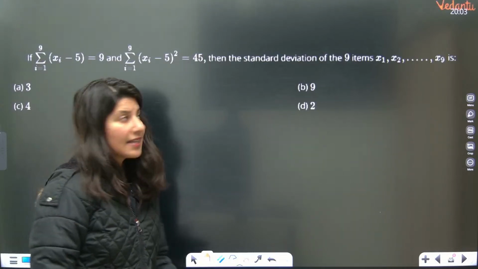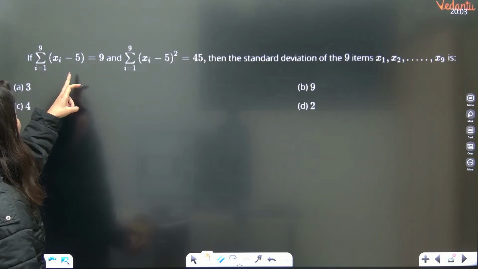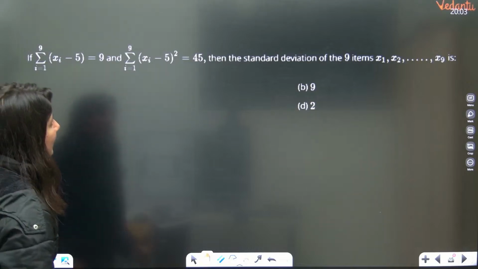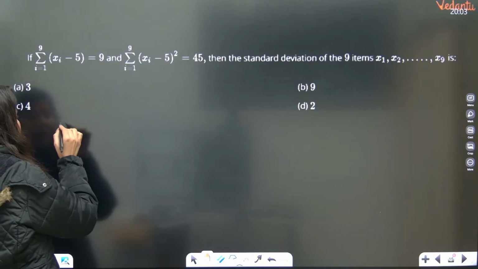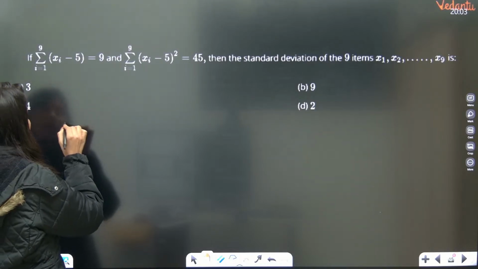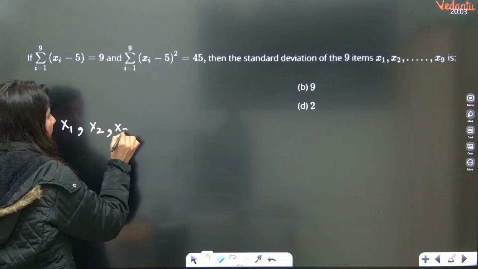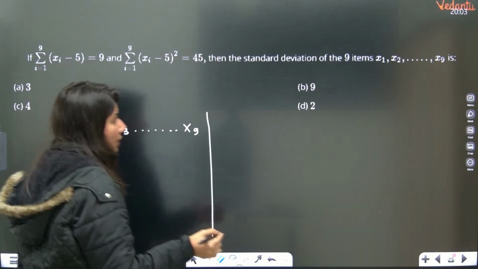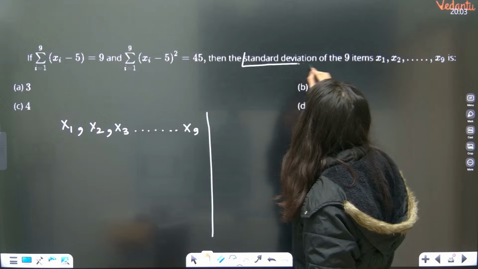Okay, so the statistics problem says that sigma xi minus 5 is equal to 9, for 9 observations. Suppose you have 9 observations x1, x2, x3 and all the way up to x9. If these 9 observations have a standard deviation, you know, right?